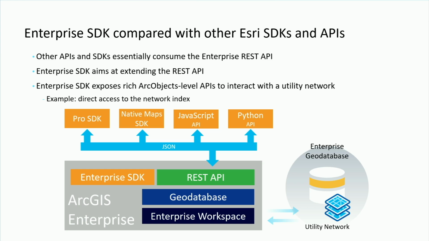Now, maybe you want to implement a really tricked out trace operation, or you want to be able to navigate through the low-level network index connection and containment information. Well, you can do that utilizing the Enterprise SDK, and some people have, okay? If you're really trying to do some tricked out stuff, the Enterprise SDK is very good for that.